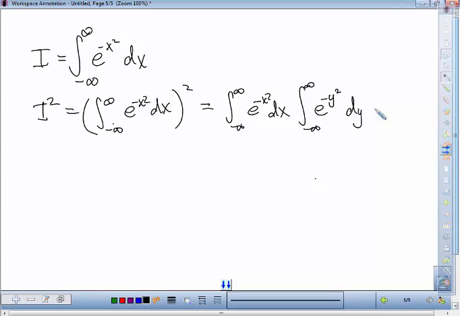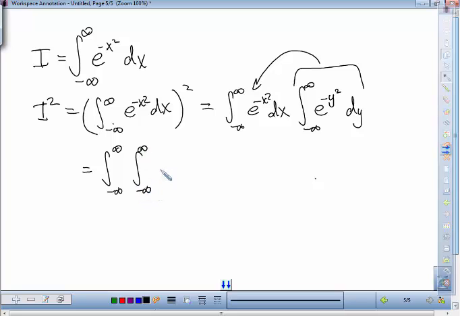So now that we have a couple of integrals that are split up like this, we can think about merging it into one integral. Like maybe putting this inside. Let's see how that would look. Well, let me just skip a couple steps here. We're going to put this inside, and then it'll look like a double integral.